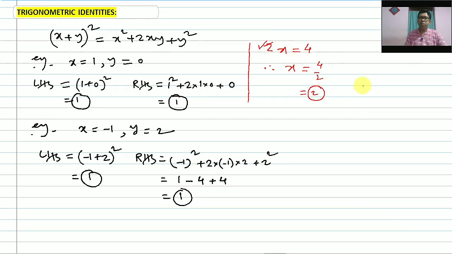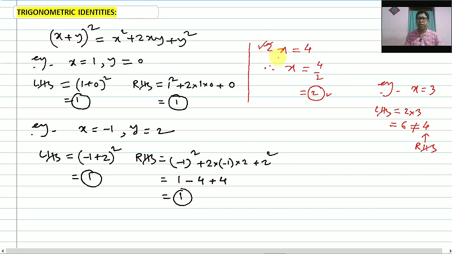For example, if you take any other value, say x is equal to 3, so your LHS is 2 into 3, which is equal to 6, but 6 is not equal to 4, that is your RHS. So LHS is not equal to RHS. So except this value, you can't satisfy it. So this is an equation, but the left one is an identity.